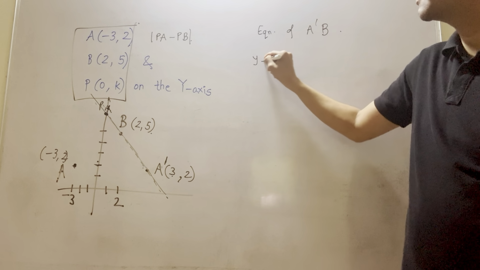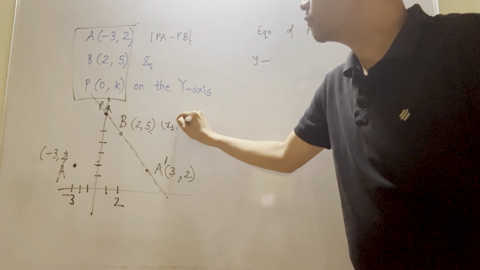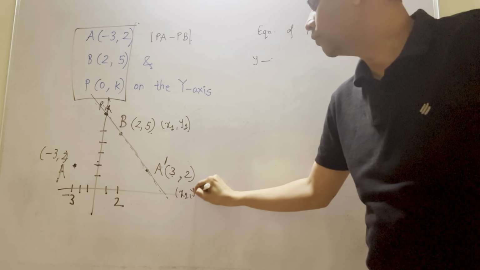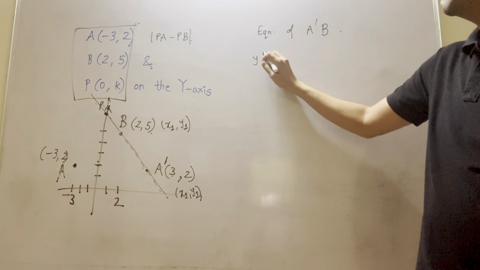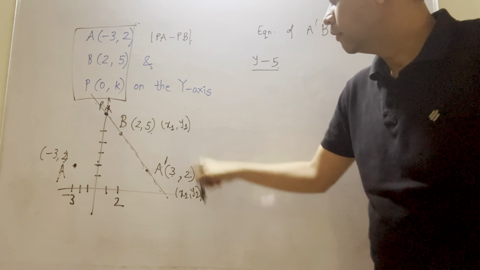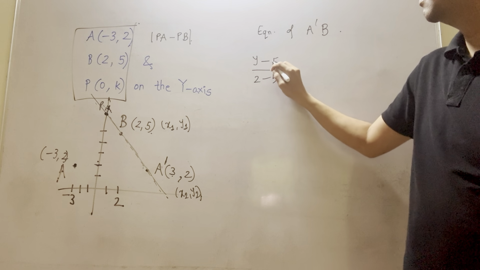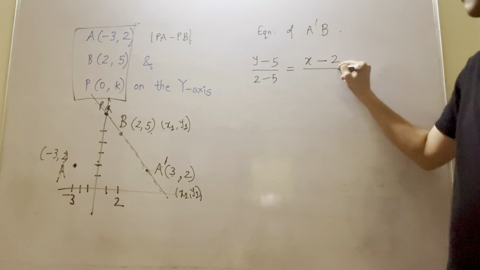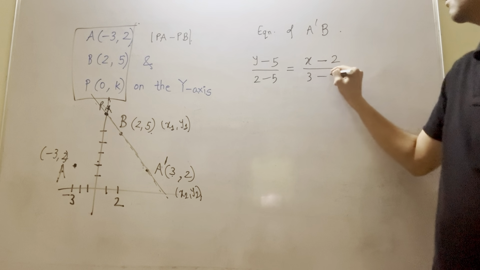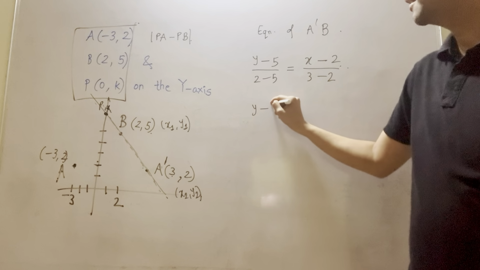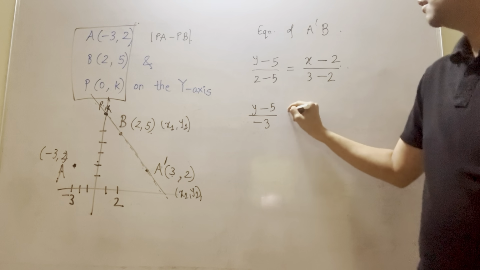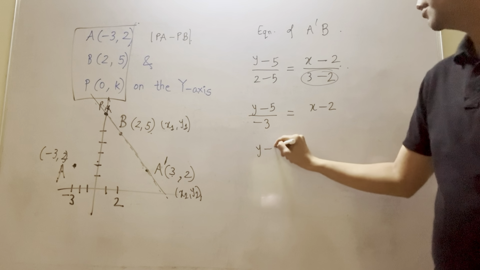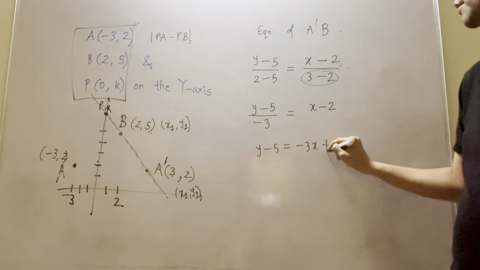So it is y minus y1 upon y2 minus y1 is equal to x minus x1 upon x2 minus x1, where this is x1 y1 and this is x2 y2. So on simplifying, we will get y minus 5 upon minus 3 is equal to x minus 2, because this is 1. So as I cross multiply, we will get y minus 5 is equal to minus 3x plus 6.